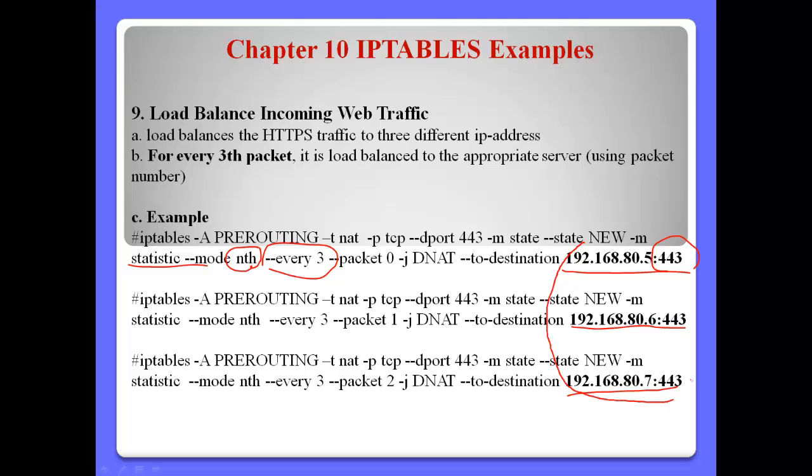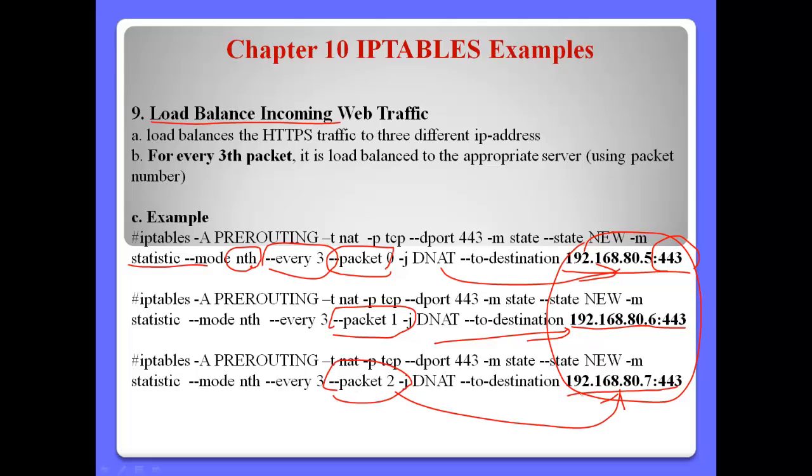So I have these 3 web servers, especially HTTPS, and these 3 web servers support load balancing using Iptables. The first packet will go to here, the second packet will go to this one, and the third packet will be transported to this one. So this rule supports load balancing for web servers across the 3 packets.